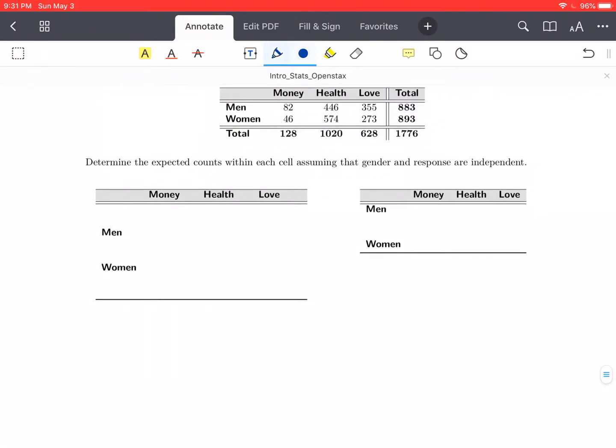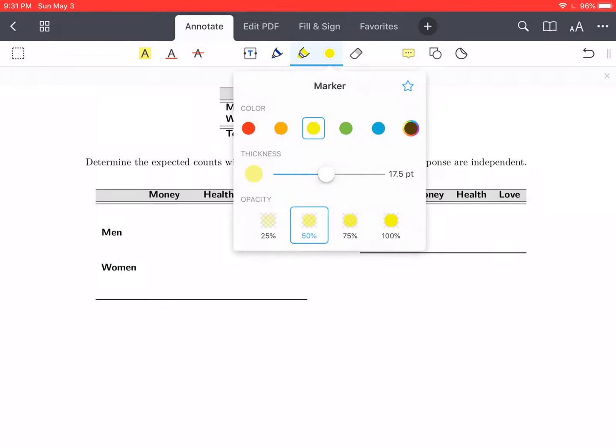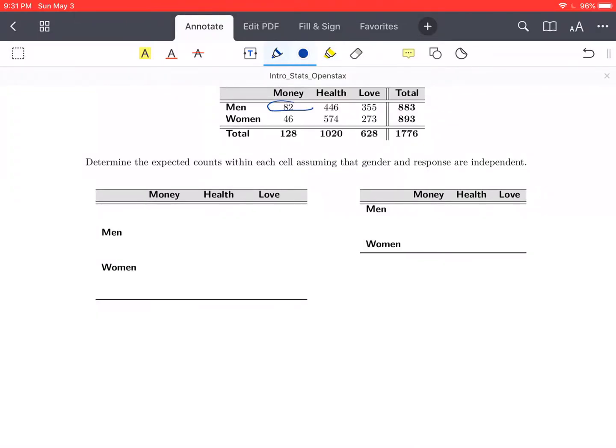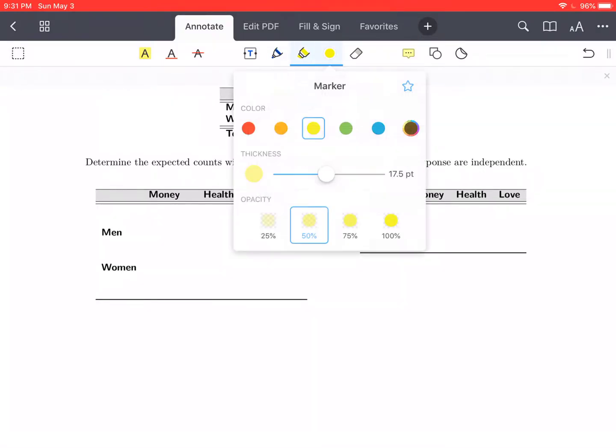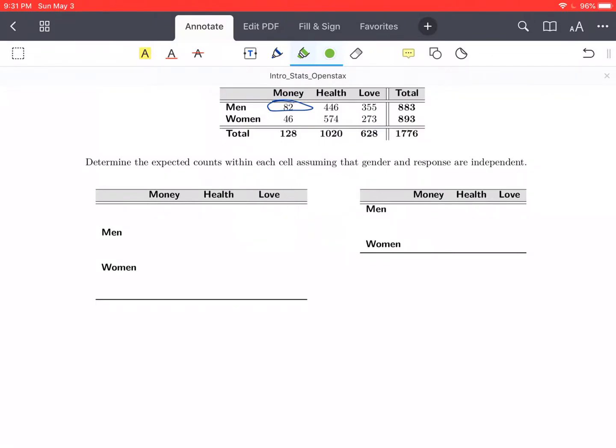For our first expected value, let's look at this one right here, which represents the overlap between money and men.